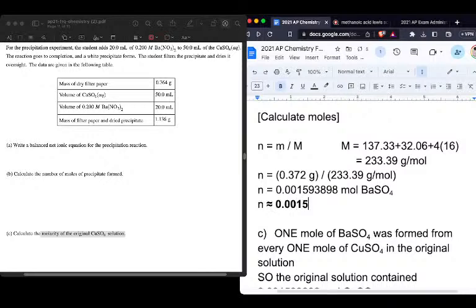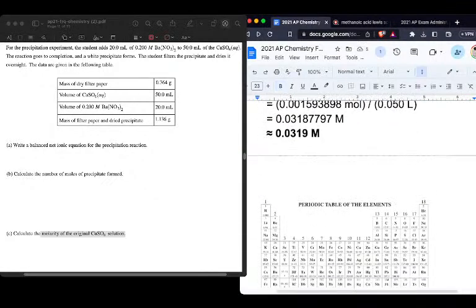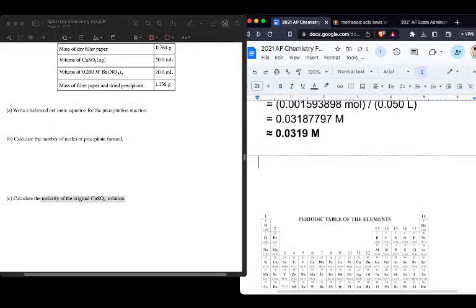One, 2, 3. And we round down because that's less than 5. Moles BaSO4. Nice, nice. I like being accurate. Oh, I like getting questions right, so I have to use sig figs, right?